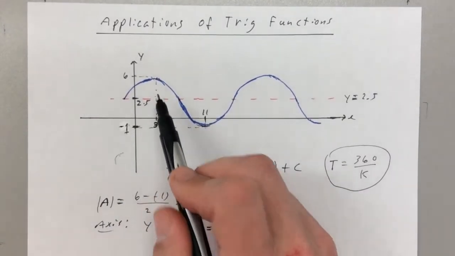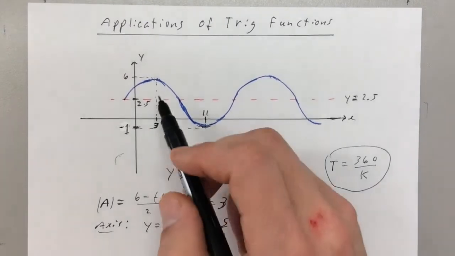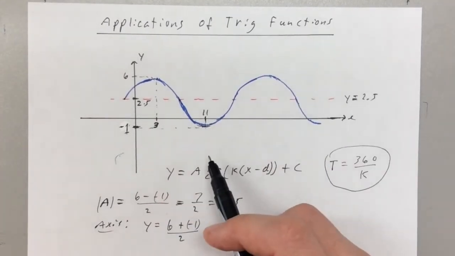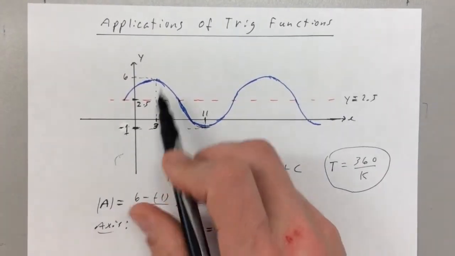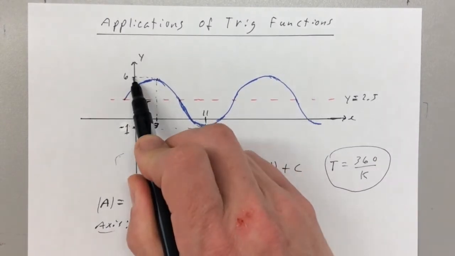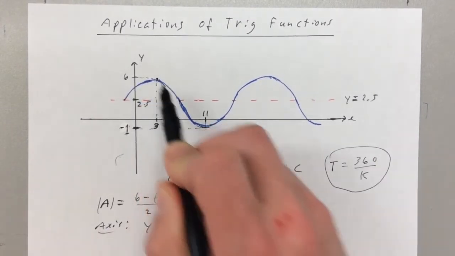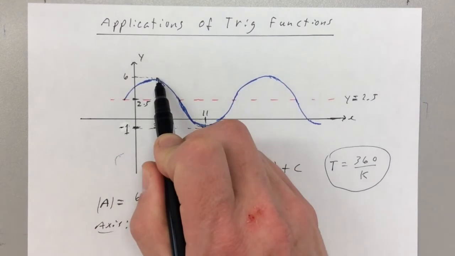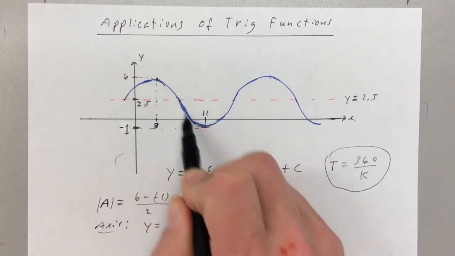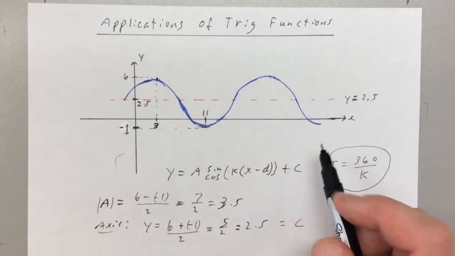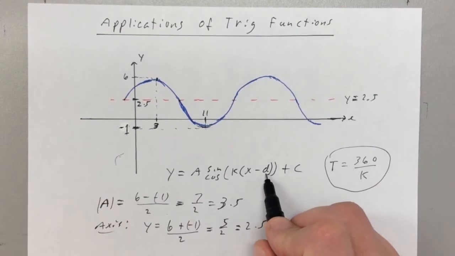It looks like from this it might be easy to start with the cos function. We're going to look at the sine function as well, though. So a cos function would start at 3, so it's been horizontally translated 3 forward. So if it's been translated 3 forward, and then it's going down, that's a positive cos function, then d is going to be 3. So it's going to be x minus 3 here.